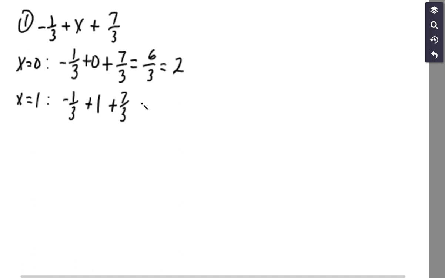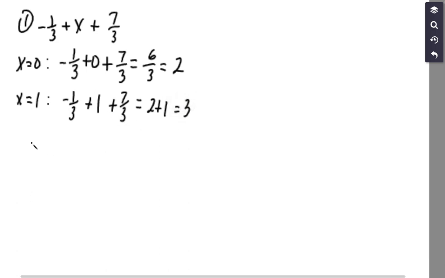So when you plug that in, basically we know negative 1/3 plus 7 over 3 is 2. So basically this is going to be 2 plus 1, which is 3. Okay, we know that's going to be 3.